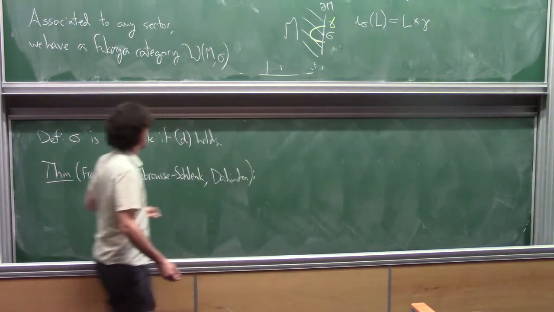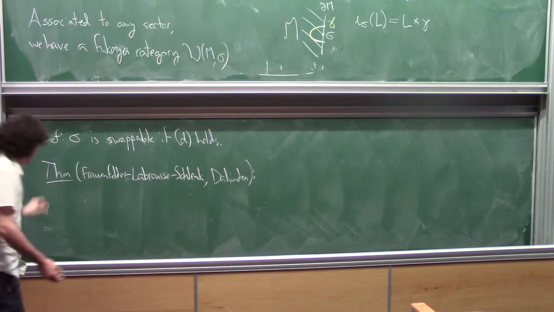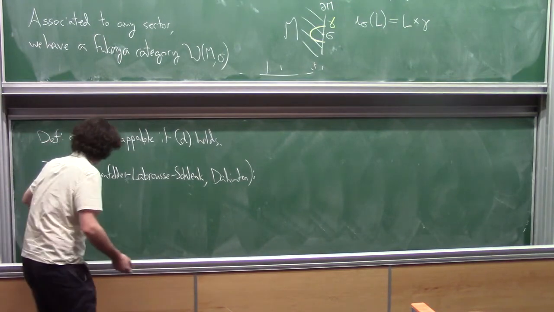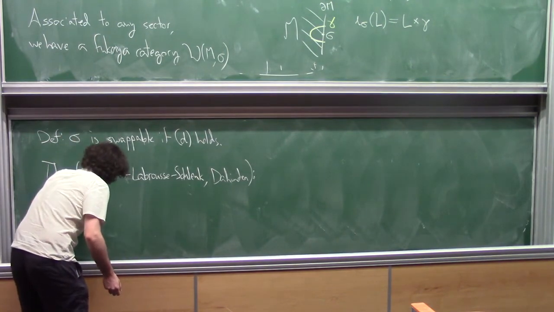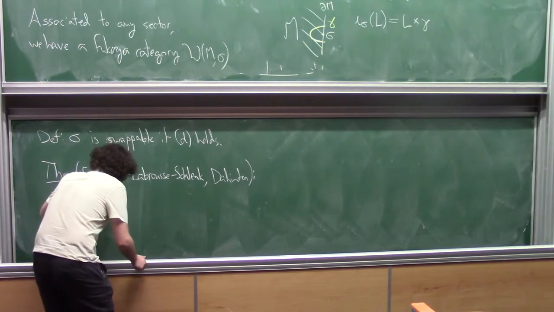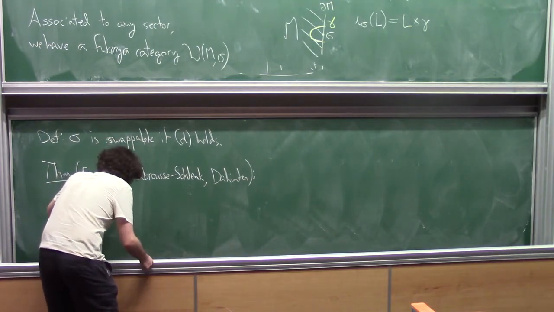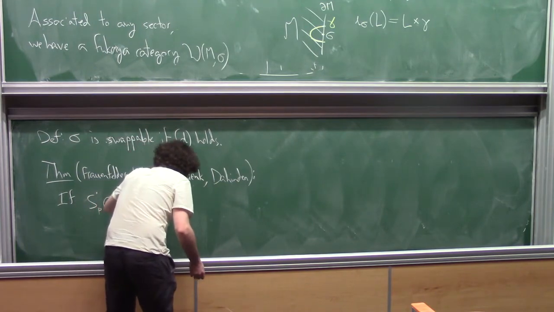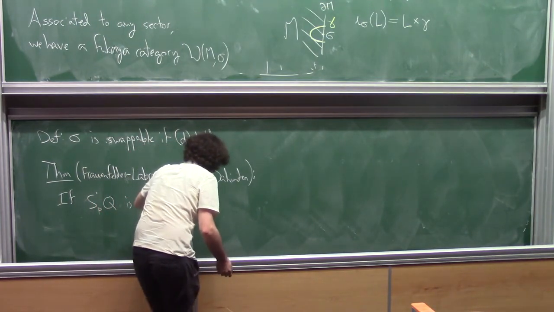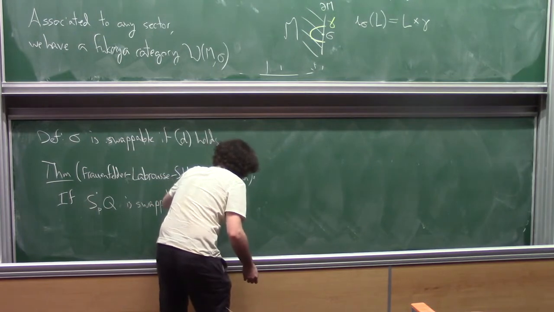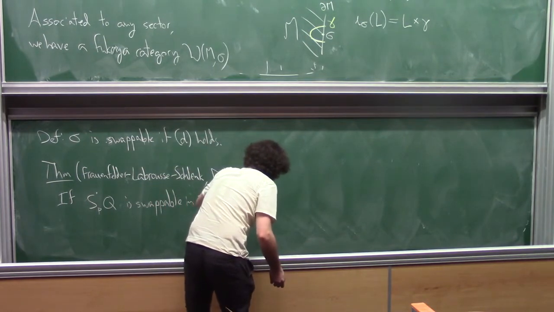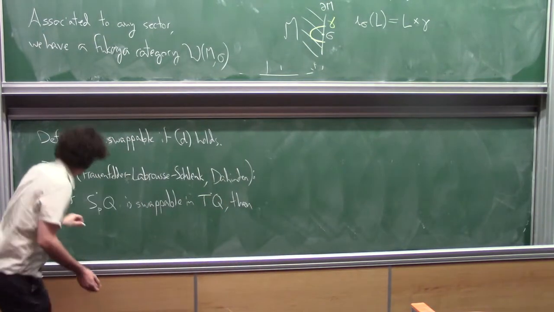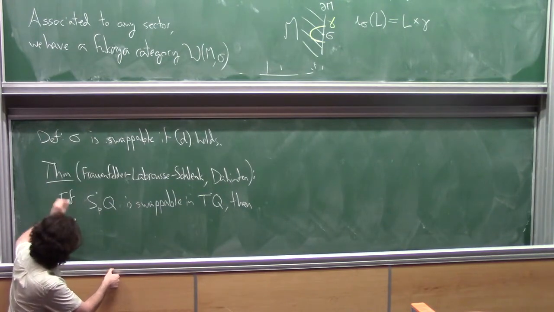Theorem of symplectic topology. If the cosphere bundle of P, where P is a point in a manifold Q, is swappable in T star Q, then two things are true.